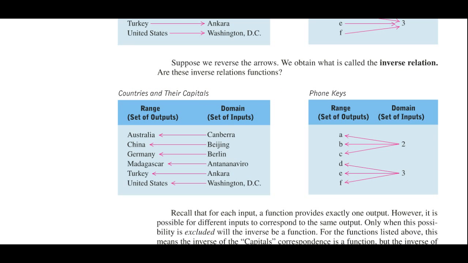Again, we're still thinking of domain as being X and range as being Y. Here, again, domain items are only used once. So yes, this is a function. But when we look at this now, we see many arrows coming from the 2 and the 3. So here it is not a function.